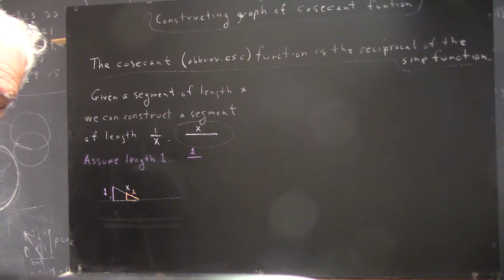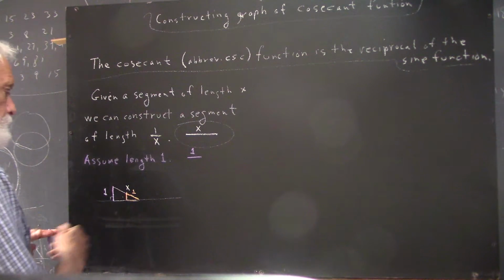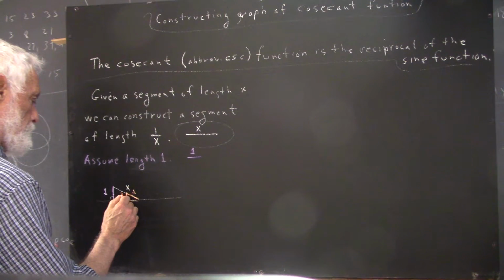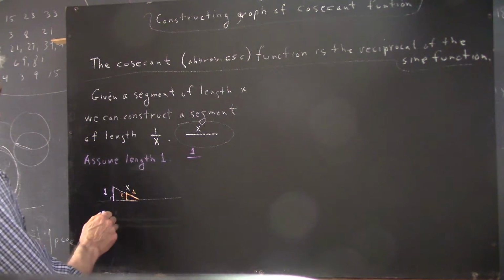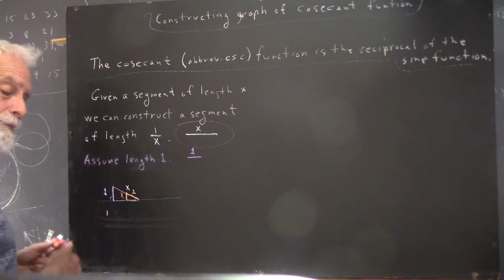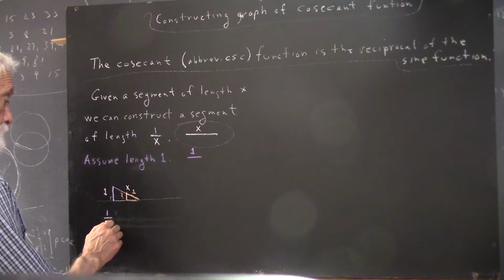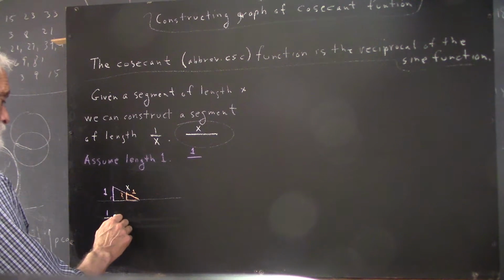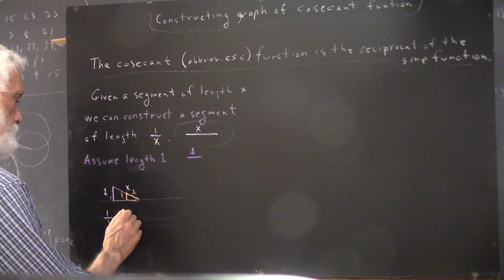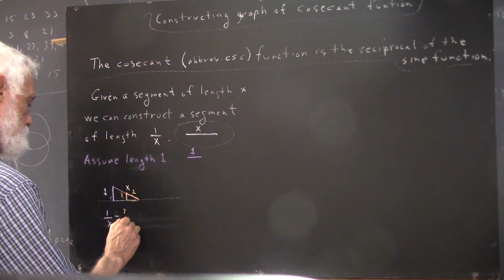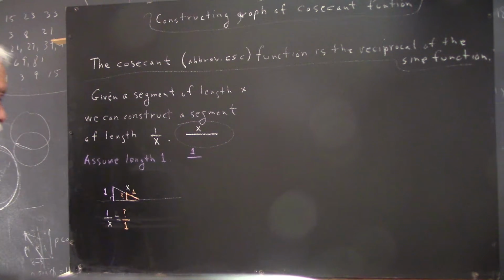So what I can say is that if this side is question mark, then I want 1. Well then, by the similarity of these two triangles, 1 divided by x is equal to question mark divided by 1.